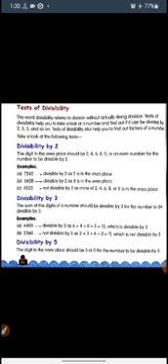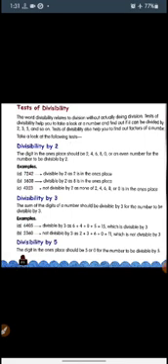For example, 6405. To check this, first we will add all the digits: 6 plus 4 plus 5, it gives us 15. And 15 is completely divided by 3. So the whole number 6405 is divisible by 3.